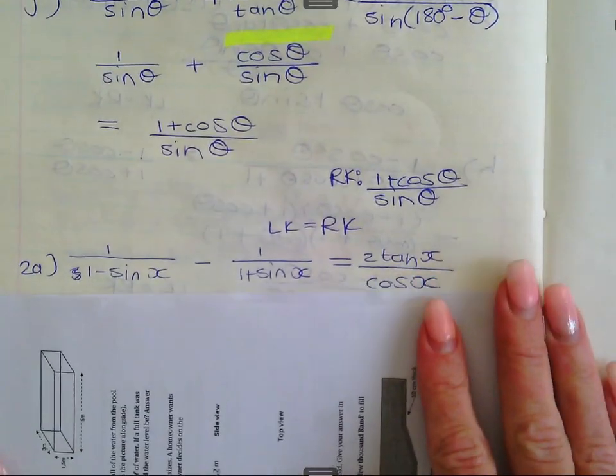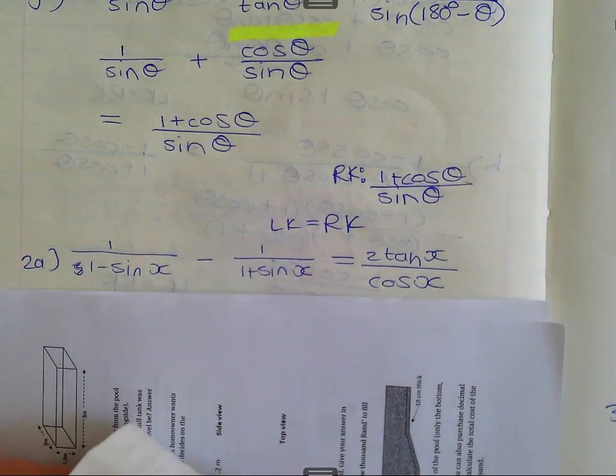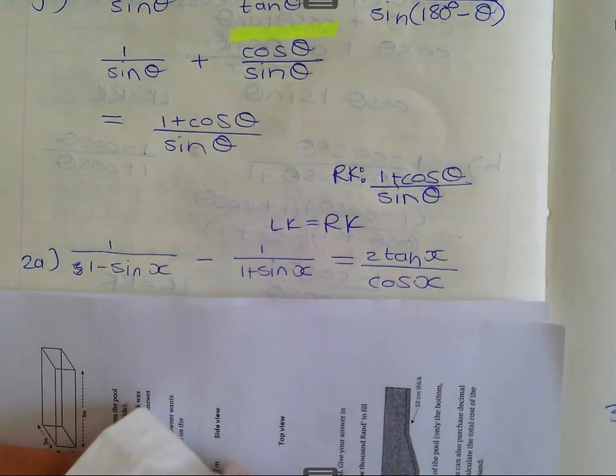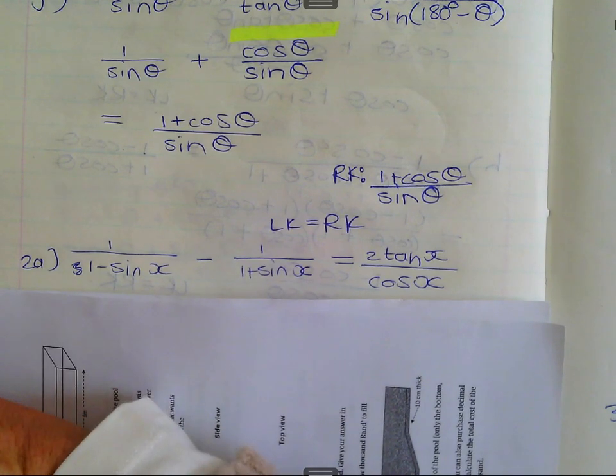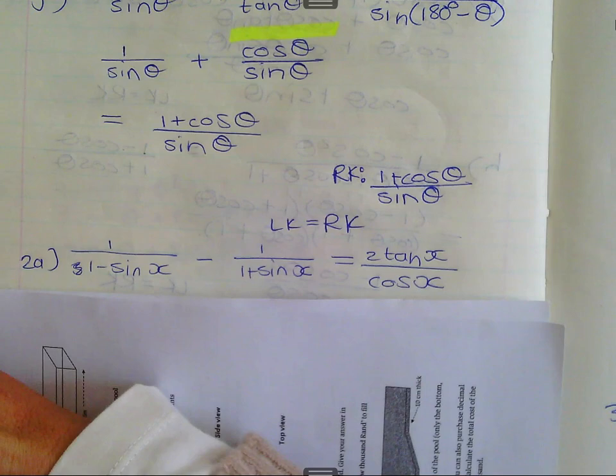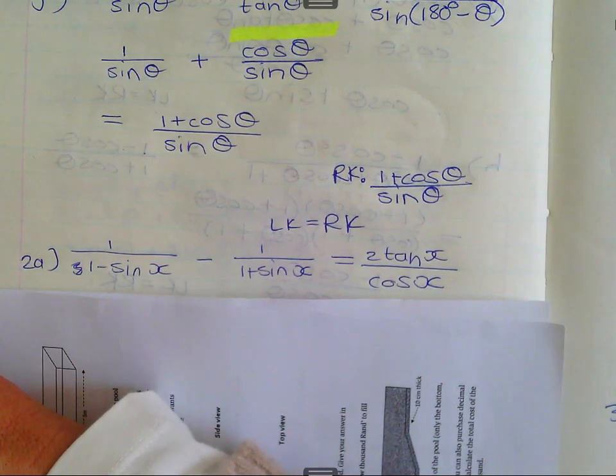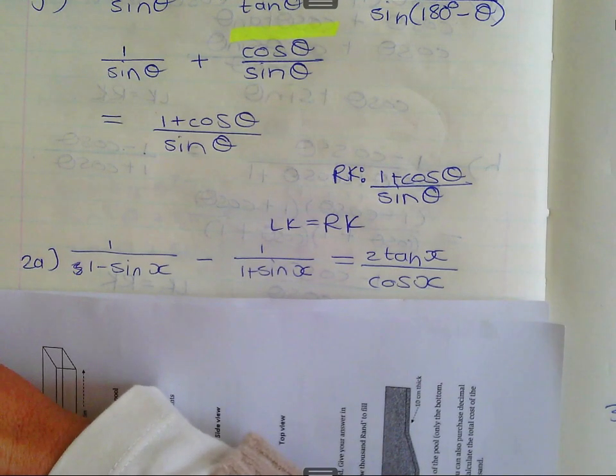Okay, I want you to do number 2A with me. Maybe you've got some more knowledge now that you didn't have over the weekend. So remember what I said? There are 3 things that we can start with. Algebraic, taking or doing some sort of factorizing.